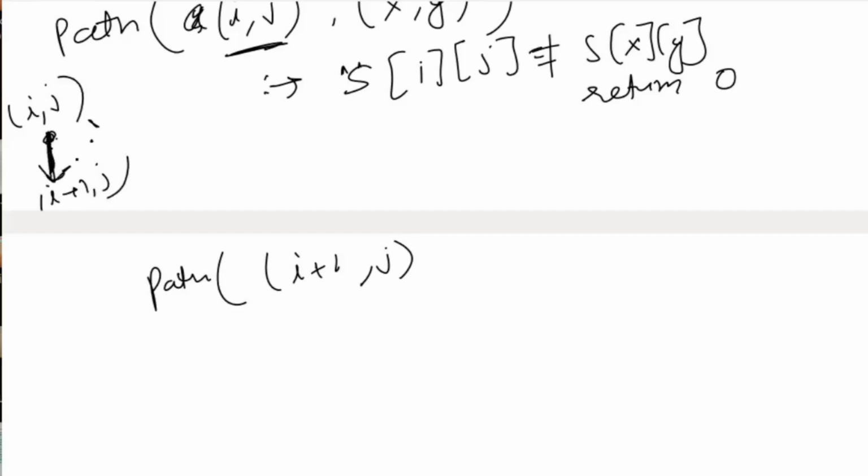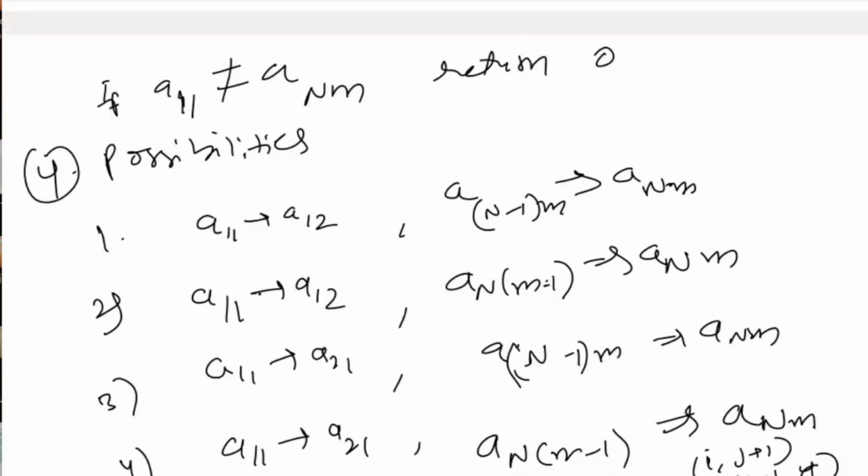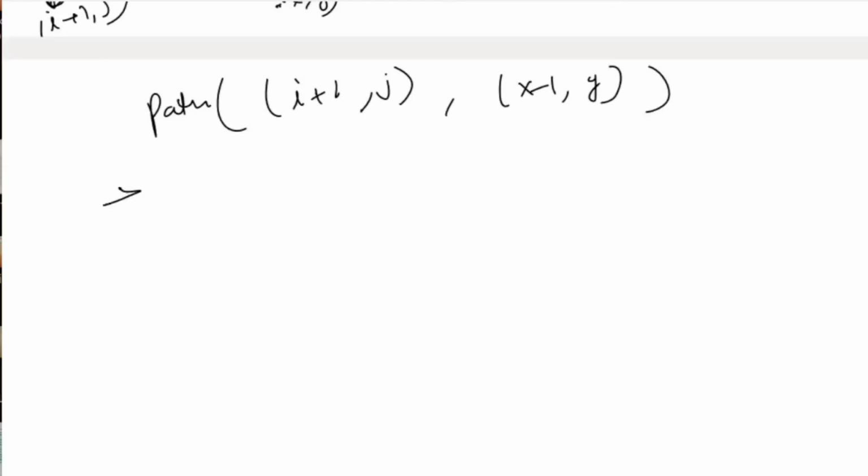Okay, and we can reach x comma y from x minus 1 comma y, that is if this is x comma y, then we can reach x comma y from here. So these are similar to this. Okay, so now there are 3 more possibilities, and similarly we'll do this.